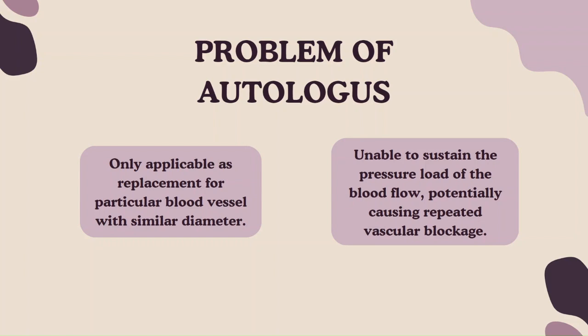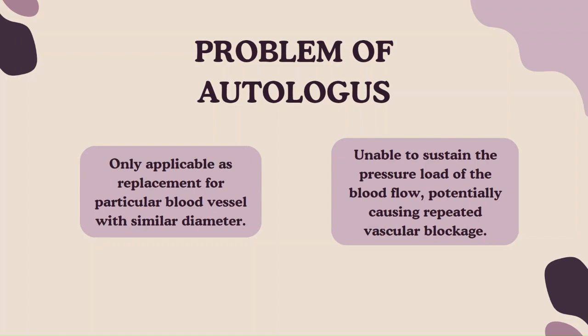To make it more understandable, if you use vein as the bypass vessel in place of the artery, this vein vessel has to undergo larger blood pressure, meaning that the vessel wall must receive a lot of blows from all directions.